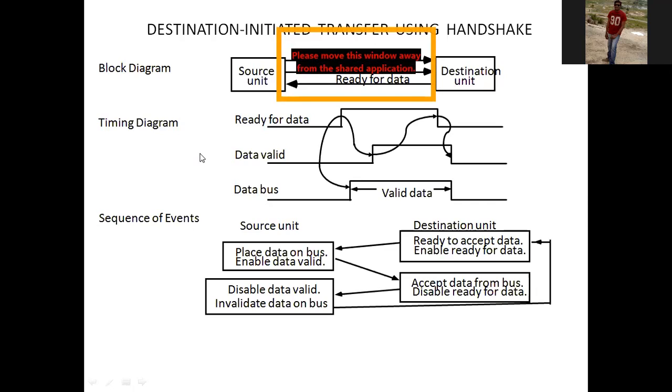And what is handshaking? You can expect 2 marks questions from the handshaking procedure: what is handshaking, and what are the different types of handshaking procedures? These are the possible questions you can expect from this concept.